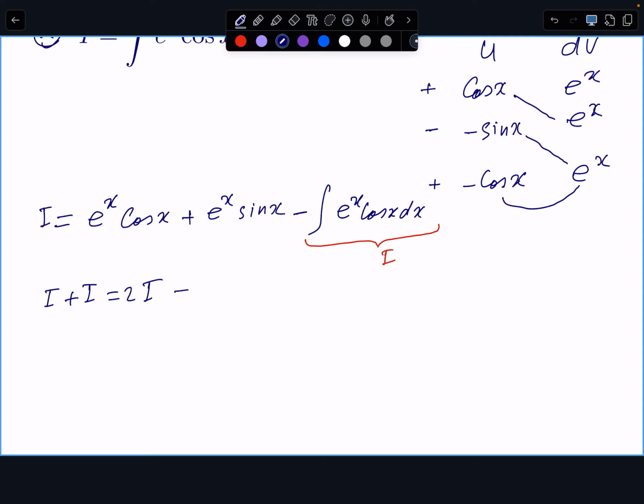And now we're going to have e to the x. You want to take e to the x as a common factor? Okay, I would do it too.